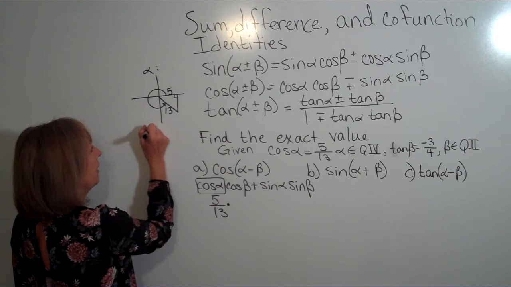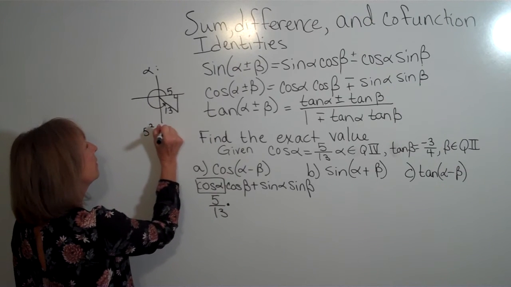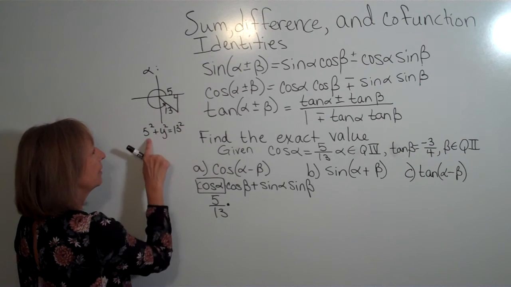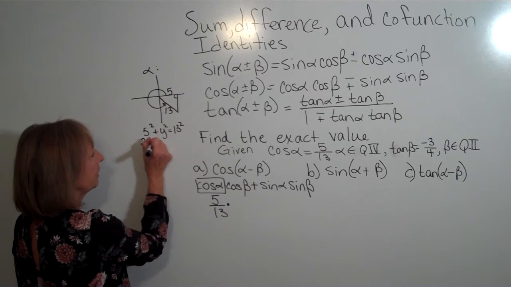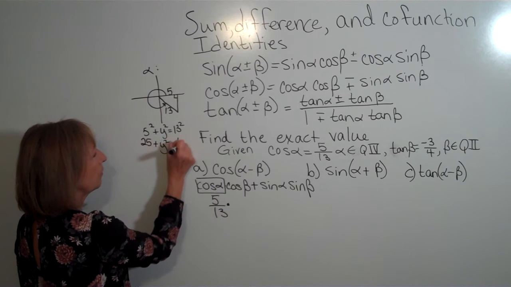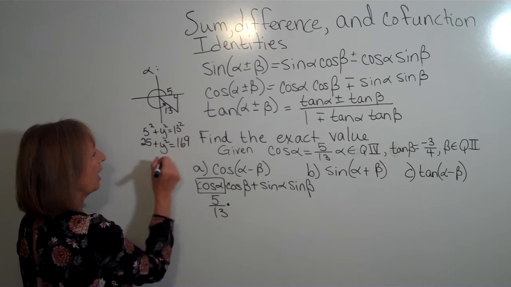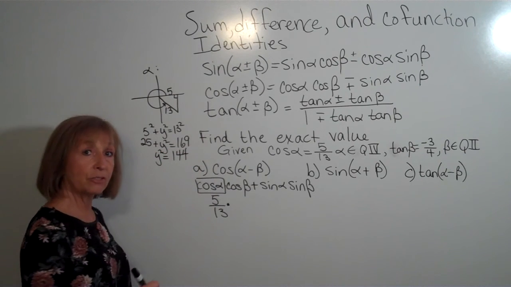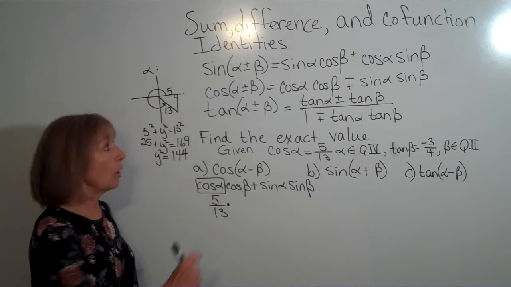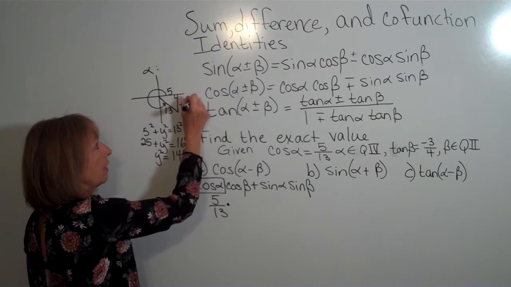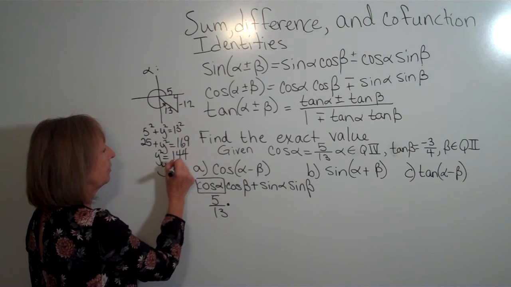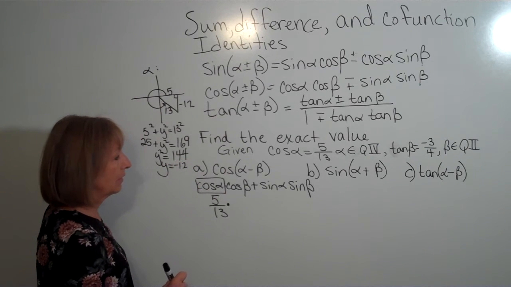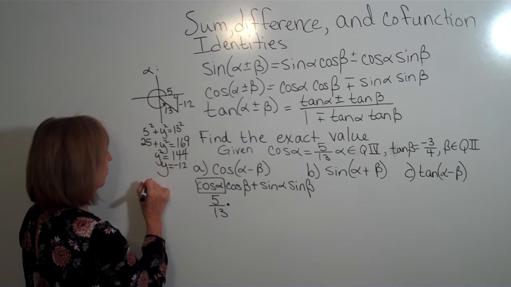So 5 squared plus y squared is equal to 13 squared. So that's 25 plus y squared is equal to 169. Subtract 25, y squared is equal to 144. Take the square root. y is either plus or minus 12, but it has to be minus 12 to get down into the fourth quadrant. Okay, then let's do this also for beta.